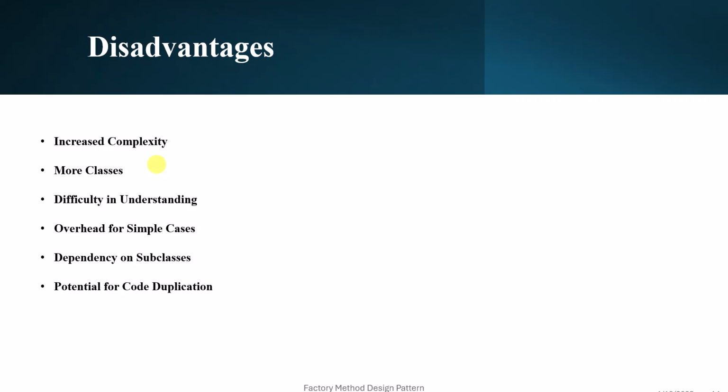The abstraction adds layers of indirection that may not be necessary for simple object creation. That time it will increase the complexity. Then, more classes: each new type of product requires creating a new concrete product and a new corresponding concrete creator, so that means adding multiple classes. This is one of the disadvantages.